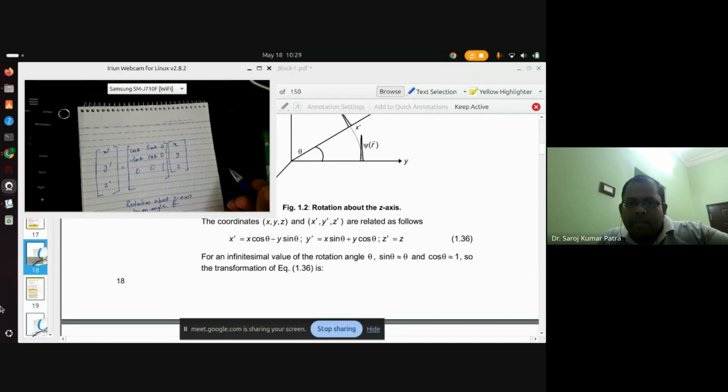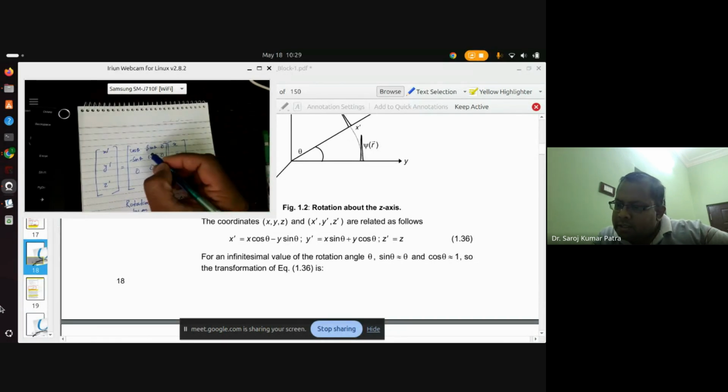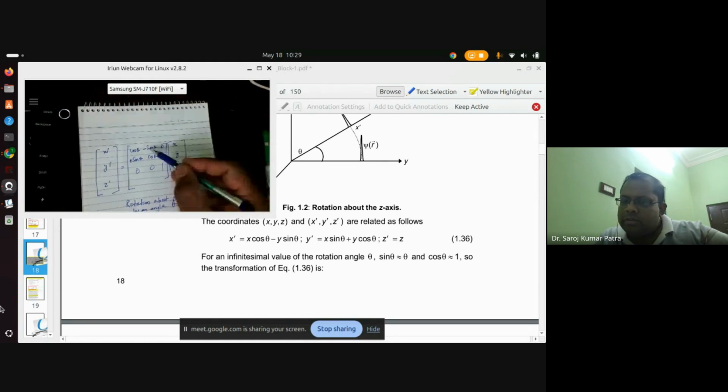I guess this is minus, this is plus. So that x prime is x cos theta minus y sine theta, and the next one would be y prime equal to x sine theta plus y cos theta, and z prime is equal to z. So try to remember this matrix.